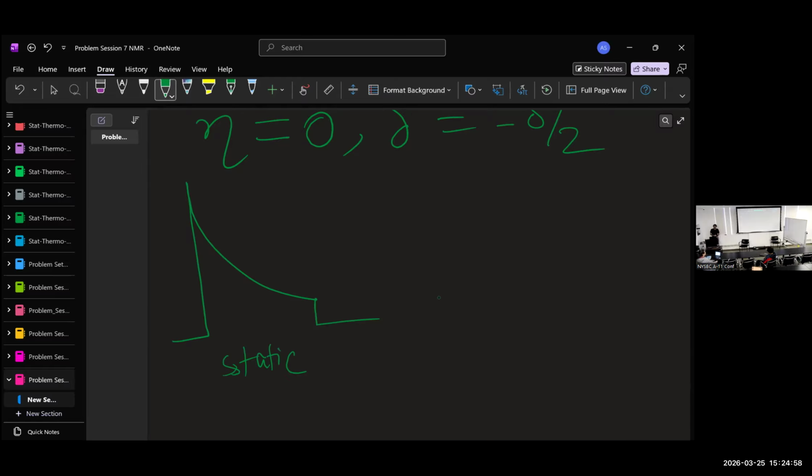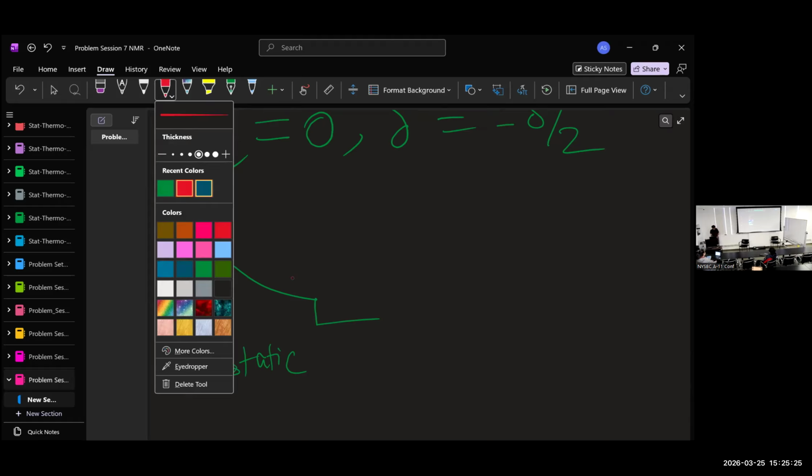What would the average case look like? Right. So that's going to look much taller.